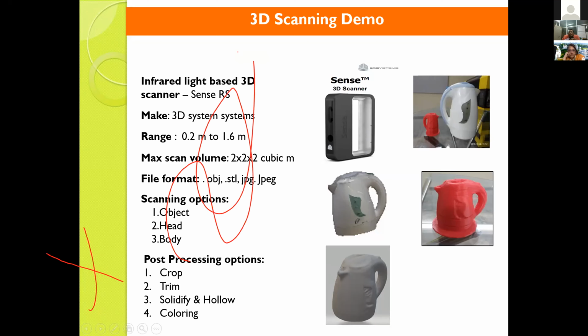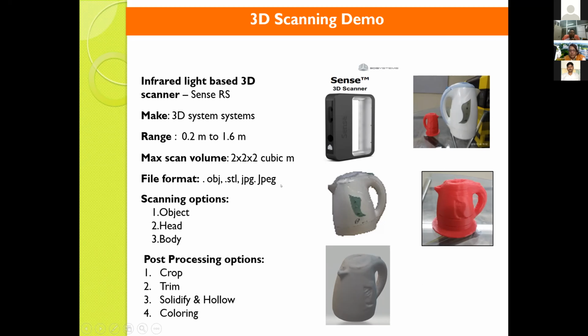So this is a kettle we scanned, and this is the model, and this is the STL file. We prepared this, and finally we printed it. So this is the complete process of scanning an object and then finally getting it 3D printed, explaining the methodology of how our lab scanners can be utilized for making a replica.